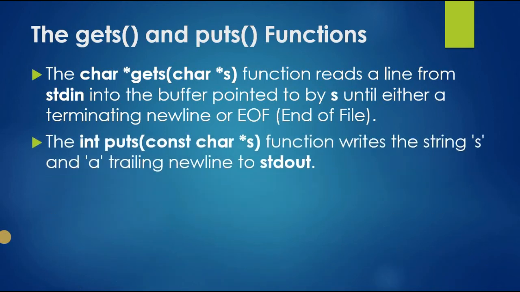The int puts function writes the string s and a trailing newline to stdout, meaning the puts function is an output function and the gets function is an input function. For giving input we can use the gets function, and for displaying the output we can use the puts function.